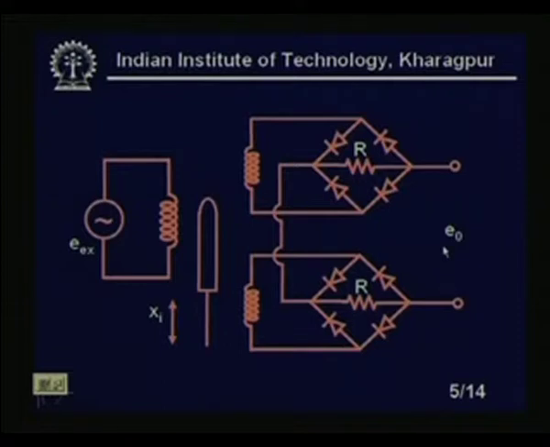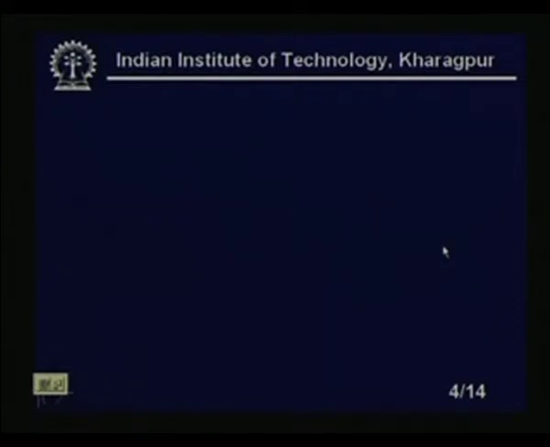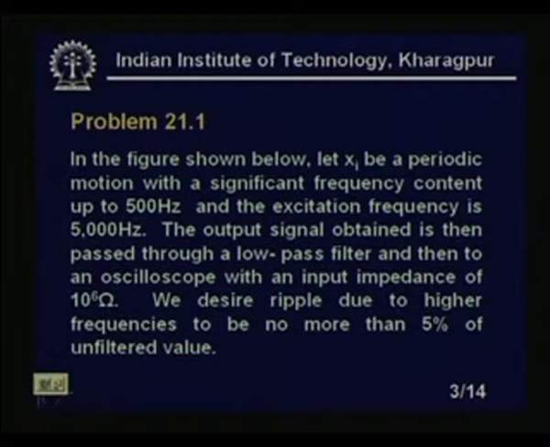Let us go back. In the figure shown below, let xi be a periodic motion, so this time we are measuring periodic signals. Let xi be a periodic motion with significant frequency content up to 500 Hertz, and the excitation frequency is 5000 Hertz.